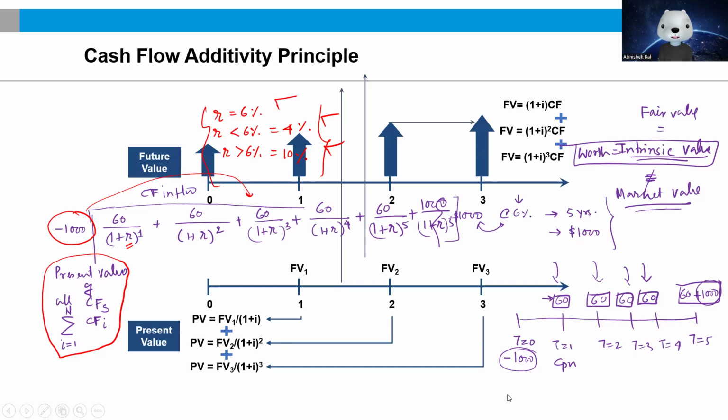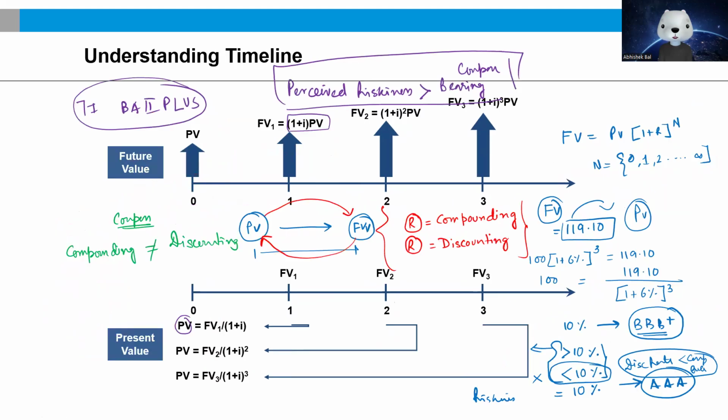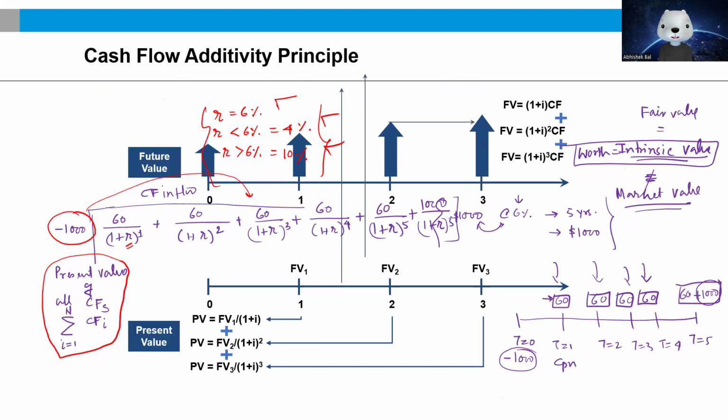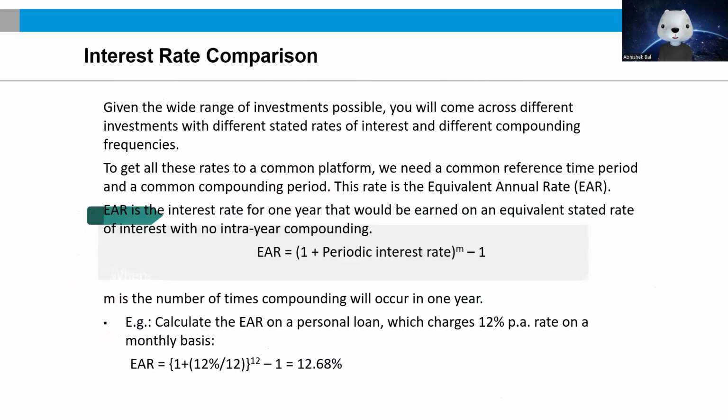All right. Now that we have got a good bit of a hang of the cash flow additivity principle, discounting rate, compounding rate, worth of investment, intrinsic value, etc., let's move to the interest rate comparison as well. Now, again, it's better that we solve these kinds of problems through the use of our calculator.